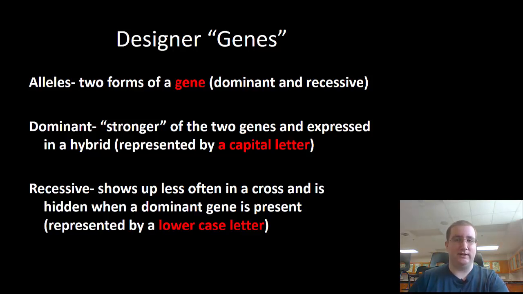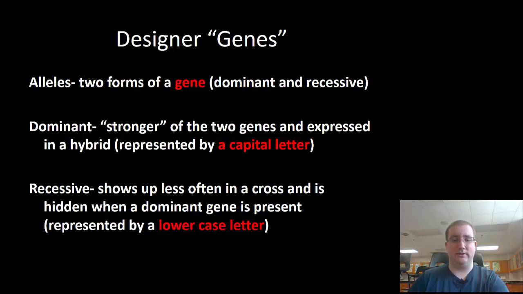So you have one gene, let's say, that controls your hair color. You have a brown version and you have a blonde version. Those are what we call alleles, slightly different versions of that same gene. One of them usually is dominant, which is what we say is the quote-unquote stronger of the two genes, and is always going to be expressed. That's why it's dominant. And we represent that by a capital letter.